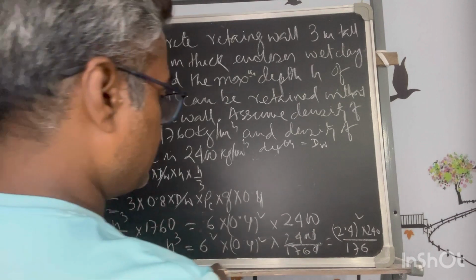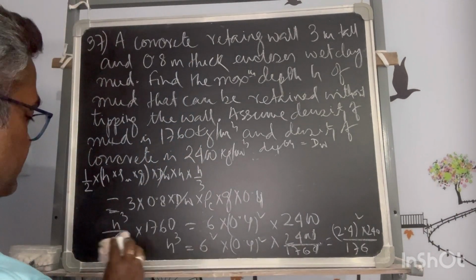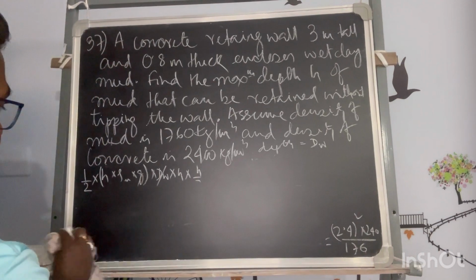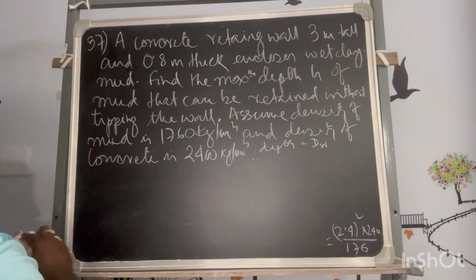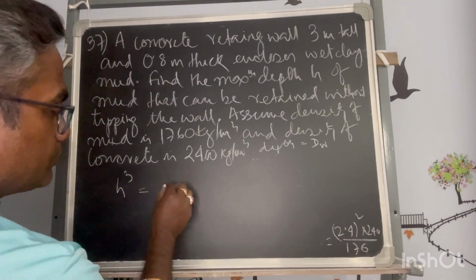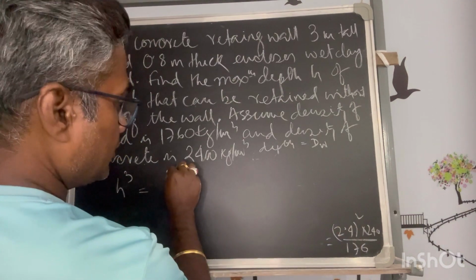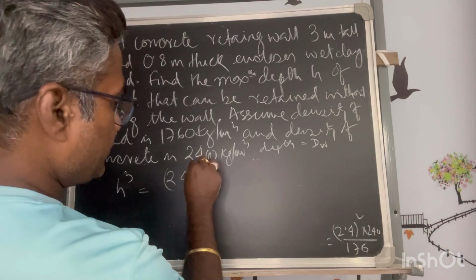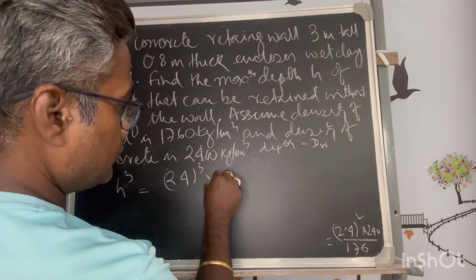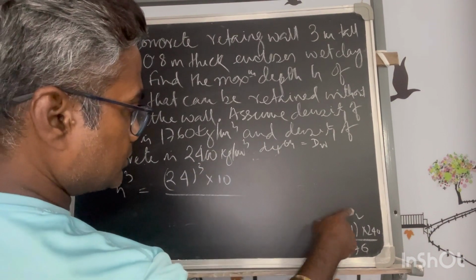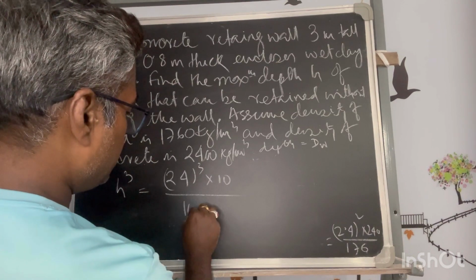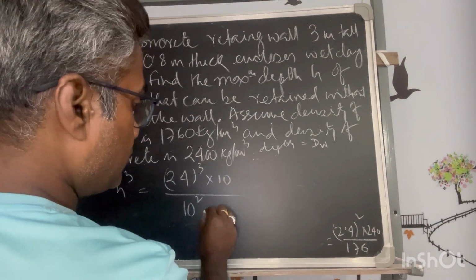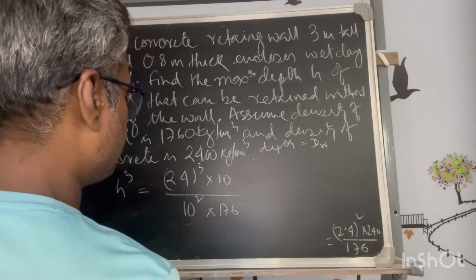Okay, so H cube is this much. H cube is equal to 2400, 24 cube I will write, 10 into 10 will be there, 10 square, that means it will go below. 24 cube into 176.